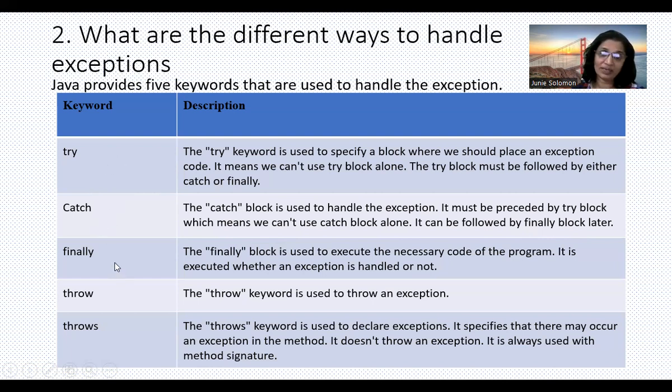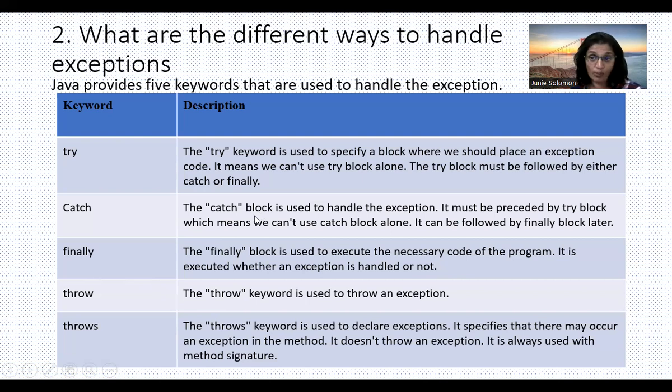What is the use of finally? The finally block is used to execute the necessary code of the program. It is executed whether or not an exception is handled. For example, you opened a file and you have to close it, but there was a problem, you cannot close it. So it will come to catch, because when there is a problem, it will stop your program. So in catch, you have to say close the file.